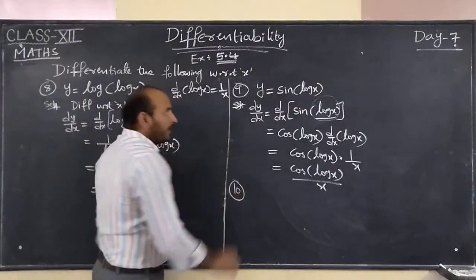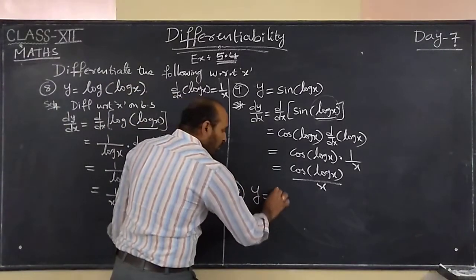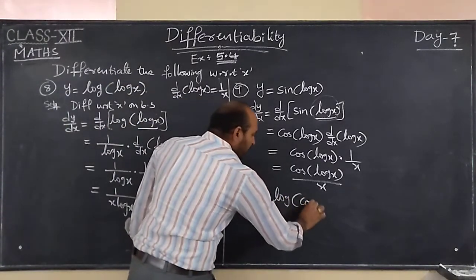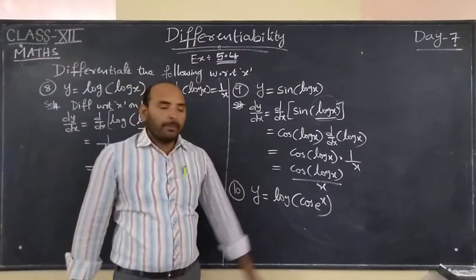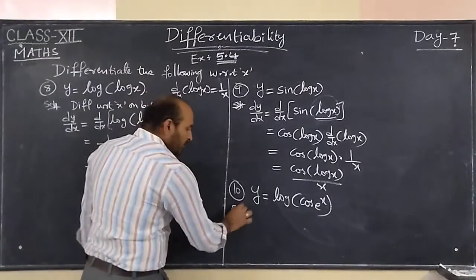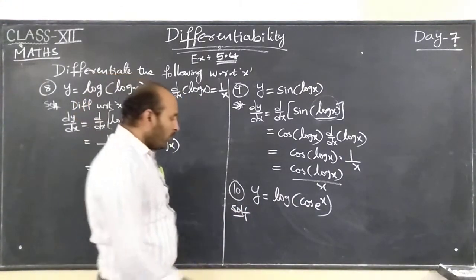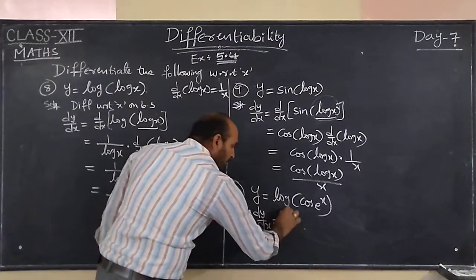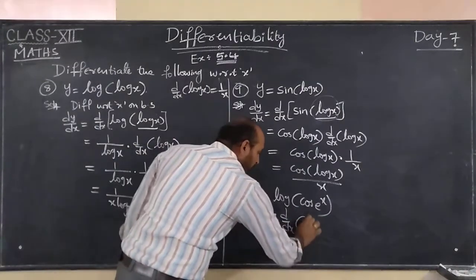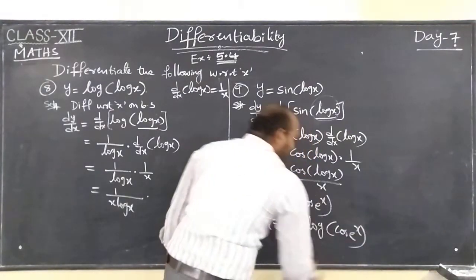Next, problem number 10. The given function is y is equal to log of cos e power x. Again apply the derivative on both sides with respect to x. dy by dx is equal to d by dx of log of cos e power x.